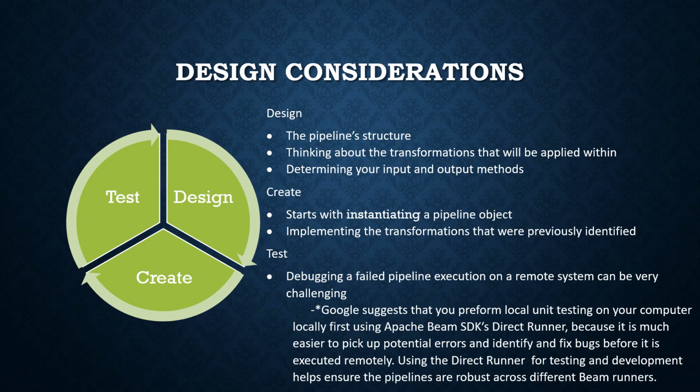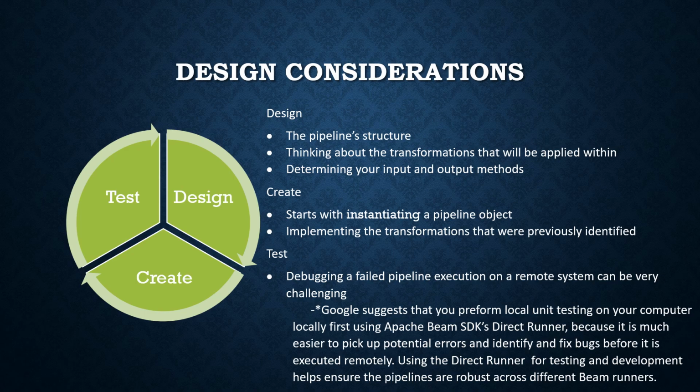Design, create, and test. When designing your pipeline, you're going to be thinking about the pipeline structure and the transformations that will be applied within, and then determining your input and output methods. Then you're going to create your pipeline, and this starts with instantiating a pipeline object, and then implementing the transformations that were previously identified. Then you're going to test your pipeline.